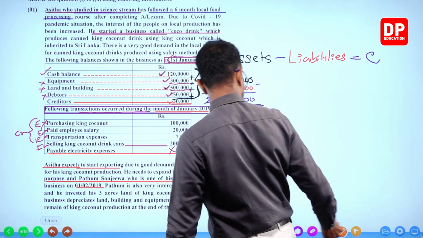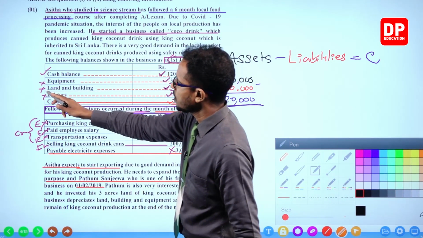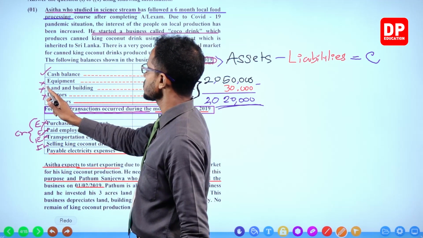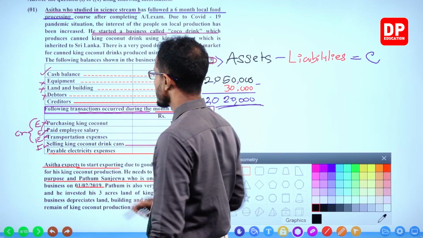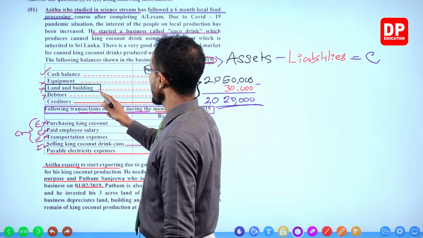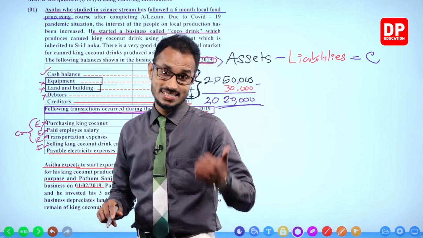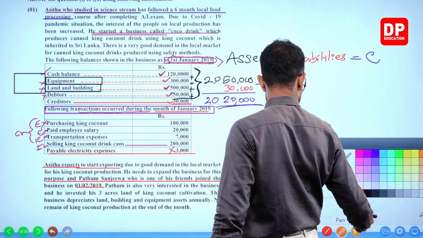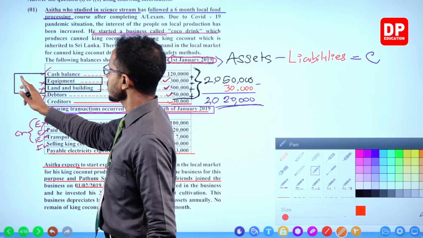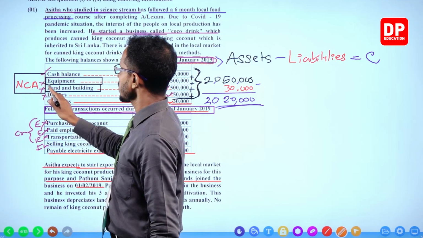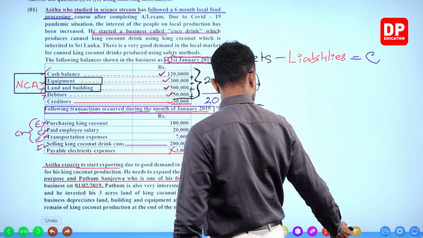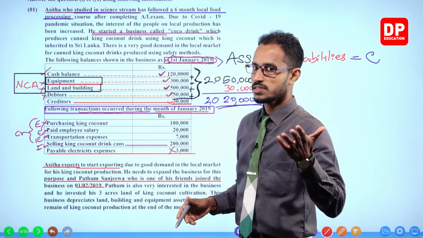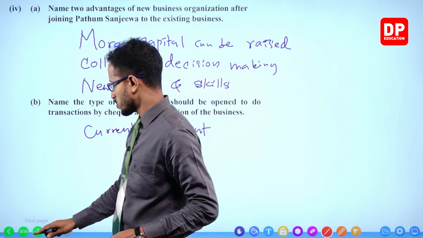So we have 2 non-current assets, land and buildings and equipment. We have 300,000 and 500,000. 500,000 plus 300,000 is 800,000. 800,000 is the total cost of non-current assets.